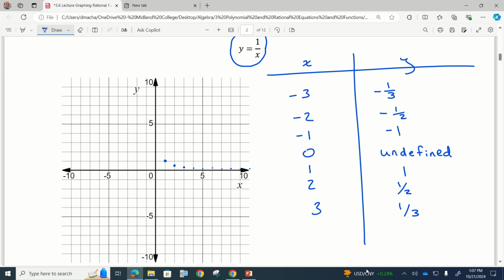Over on the other side, here is where x is negative 1 and y is negative 1, where x is negative 2 and y is negative 1/2, where x is negative 3 and y is negative 1/3, and so on down to negative 10th. And then to graph using a table of values, I just have to connect these dots that I placed.